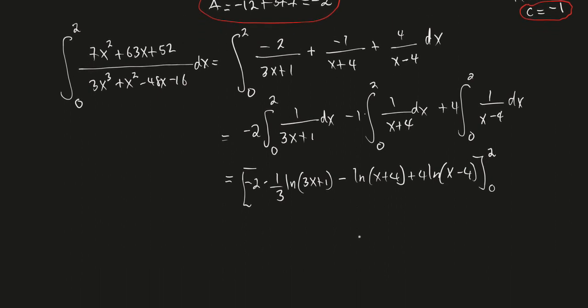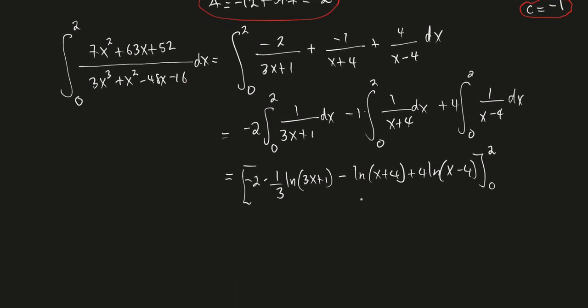Alright, so let's see what happens. At the upper, actually what I need to do here is put absolute values for these ln's. So let's fix this. So these are absolute values. That way we don't end up taking the natural log of something negative. So absolute value of 3x plus 1, absolute value of x plus 4, absolute value of x minus 4.